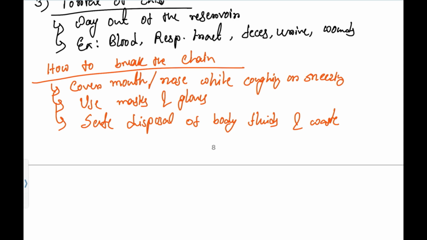Don't mix it with other patients' biomedical waste, otherwise it will spread the disease. So segregate biomedical waste and body fluids and dispose of them properly. Use a mask and gloves. Cover your mouth and nose if you have a common cold or are infected, so that you can prevent the disease spreading from one person to another. Okay, I hope you understand.